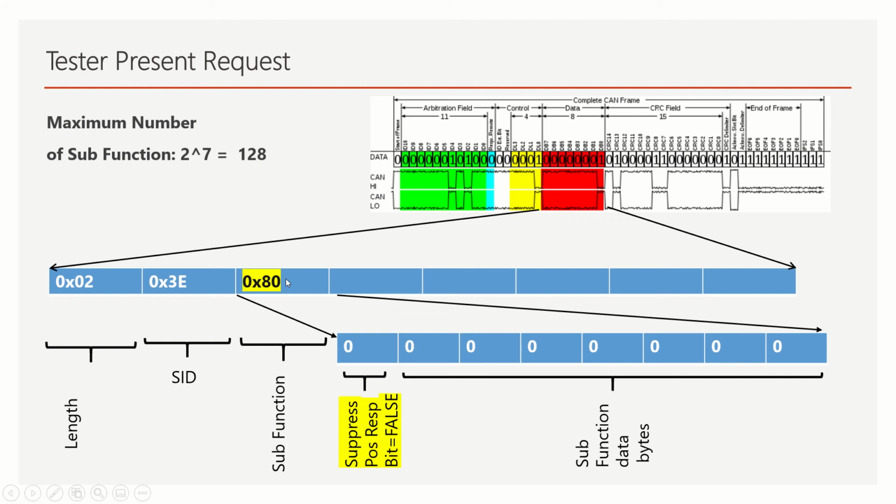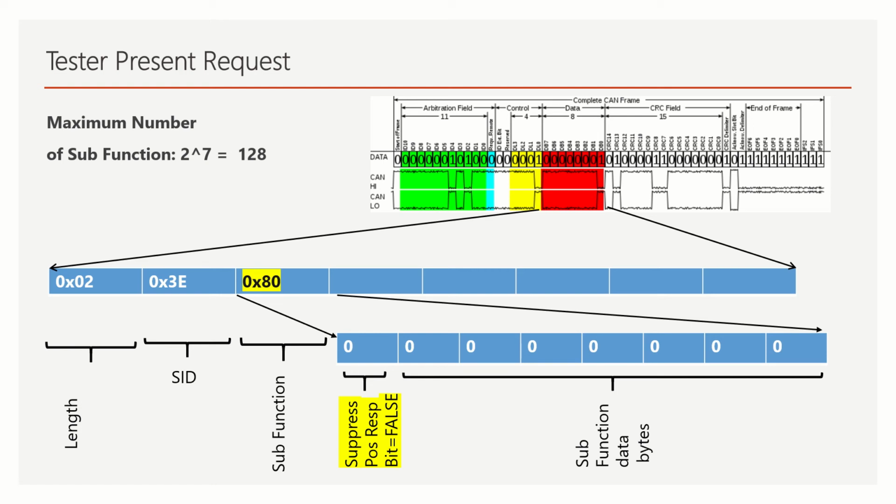If that first bit is set, it indicates we are suppressing the positive response, so only a negative response is sent, and in case of a positive response no response is sent. This basically reduces the bus load.